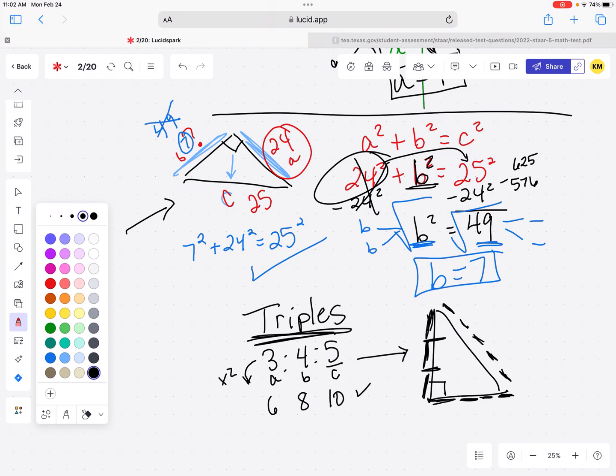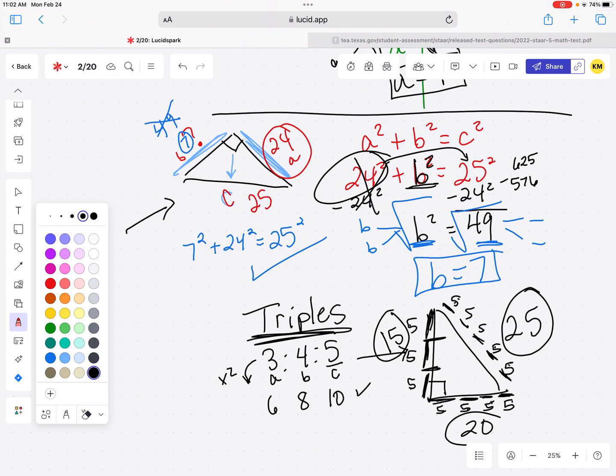So let's just say I had 5 on each unit. This side would be 25, and this is 5, 10, 15, and this would be 5, 10, 15, 20. That is a Pythagorean triple: 15, 20, 25. Because it's basically times 5 for each one of these numbers.